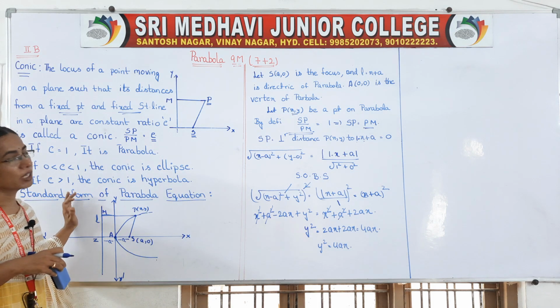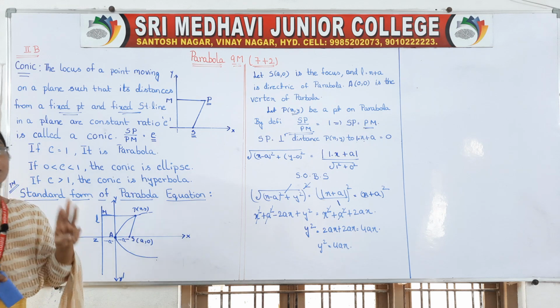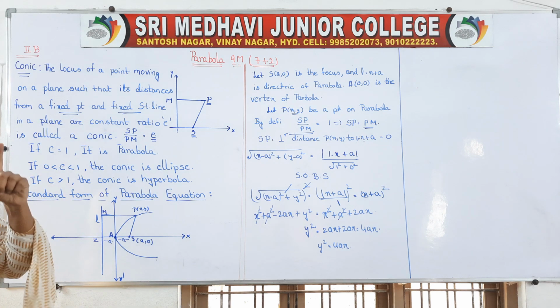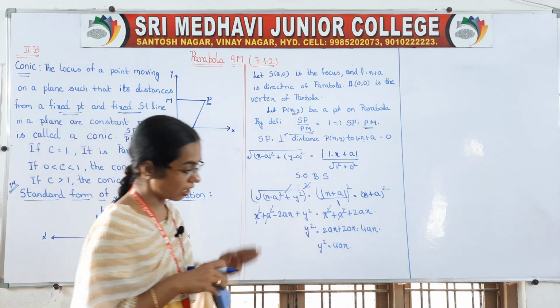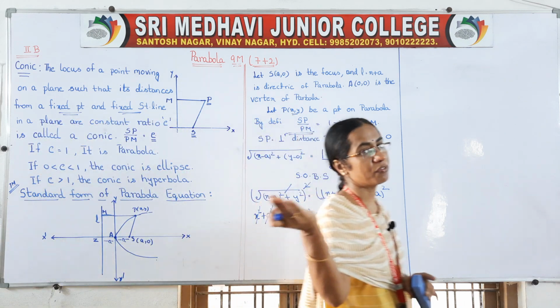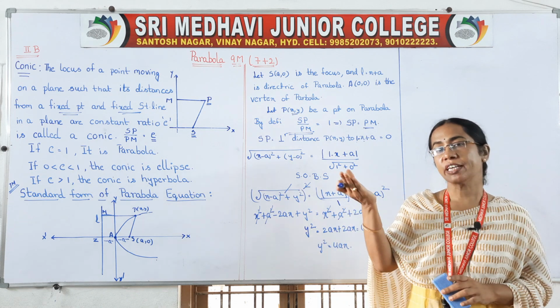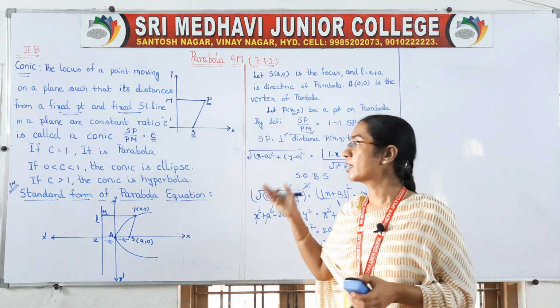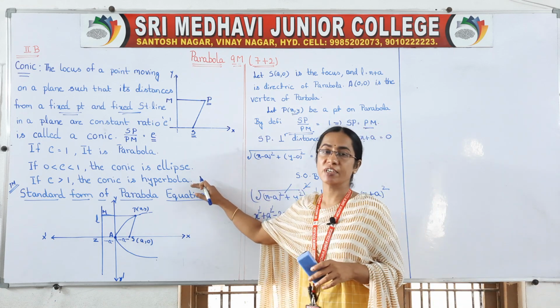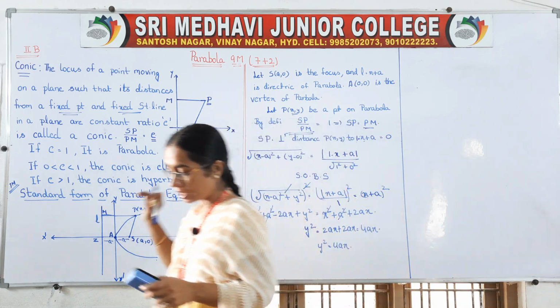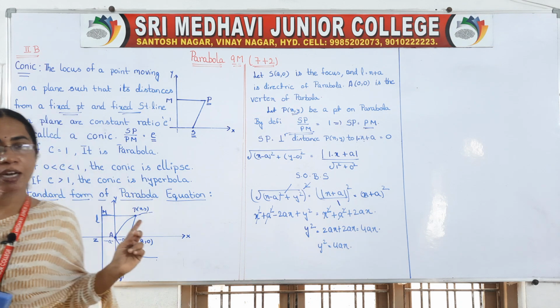Okay. So in conic sections, we have three parts, right. One is parabola, the second one is ellipse, and the third one is hyperbola. Conic section means cutting the cone at different angles, we get different shapes, right. So now we are dealing with a parabola.